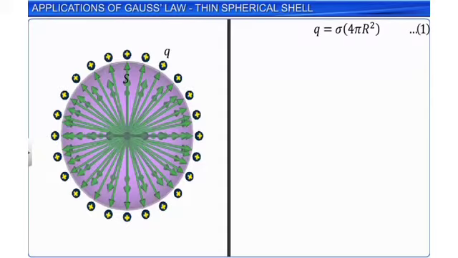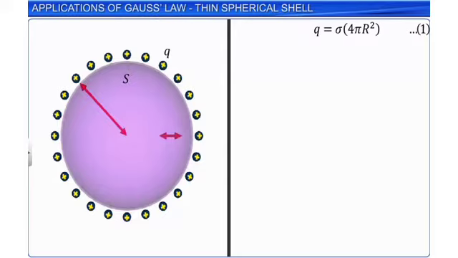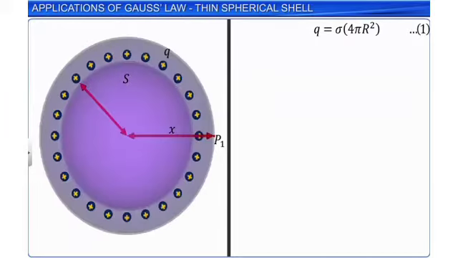Now let us apply Gauss' law to derive an expression for the electric field strength at a point P1 outside the spherical shell and at a distance x from the shell. For this, let us imagine a sphere S1 of radius x around the charged thin spherical shell.